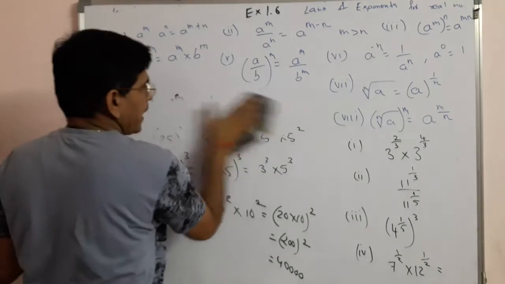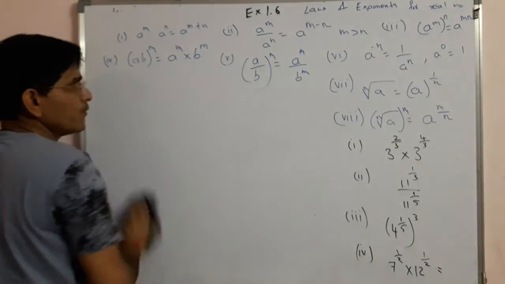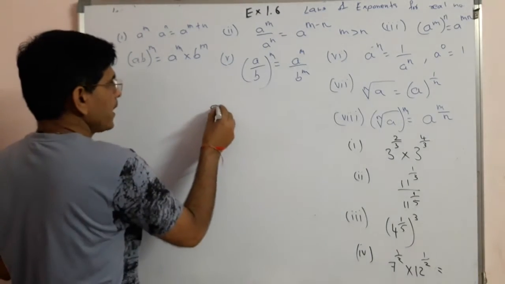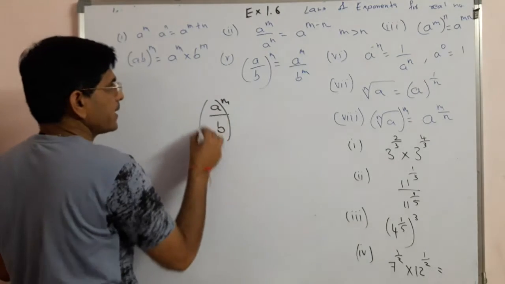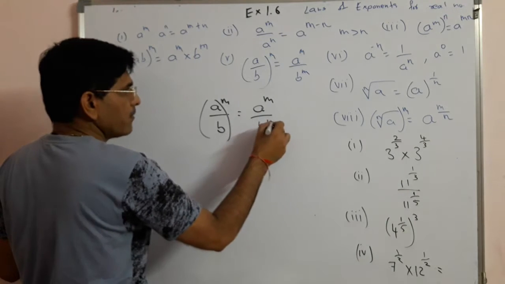Now again the P upon Q form, that is (A upon B) to the power m, here it is in a bracket. If I open the bracket, A to the power m and B to the power m.